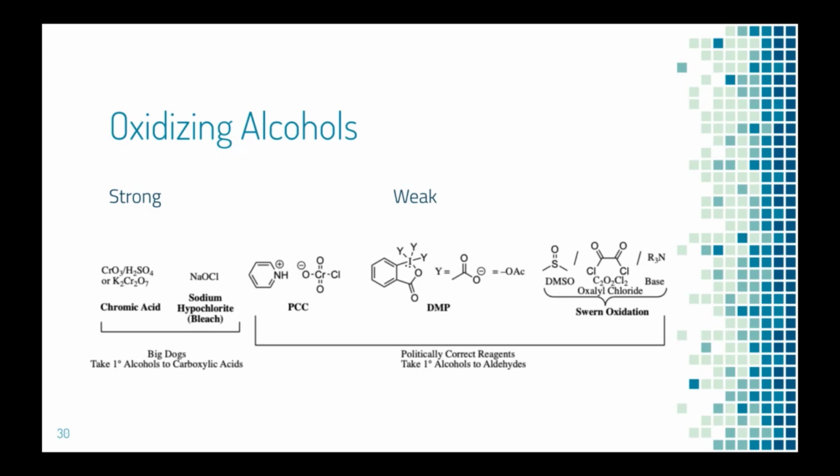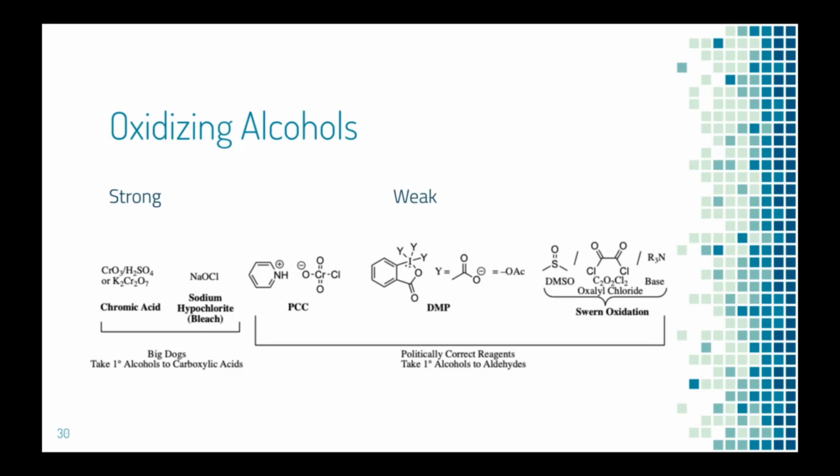You have heard of those, and these are what the compounds look like in case your professors use the actual compounds as part of the question. The main difference between the two oxidizing agent categories is that it really matters when there's a primary alcohol.